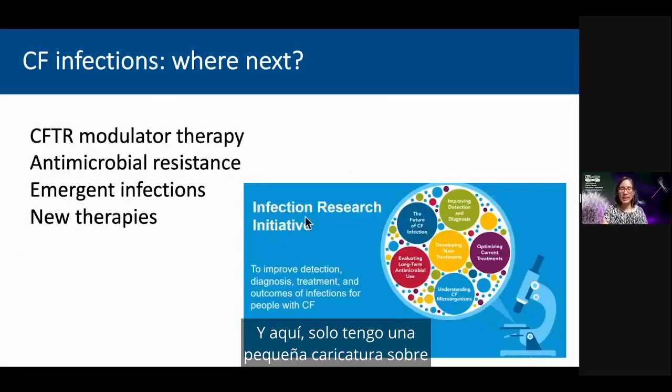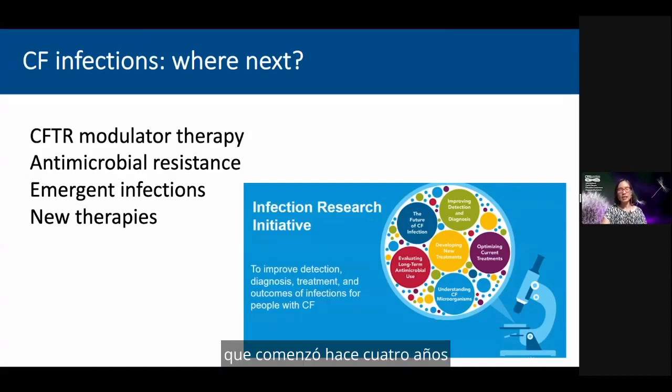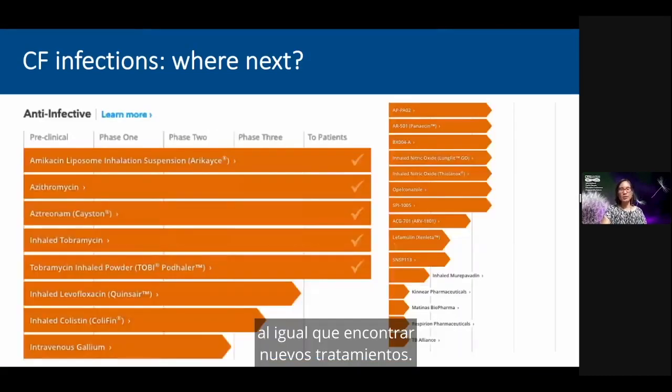And here I just have a little cartoon about one of the recent initiatives by the CF Foundation to really put a light on infections, namely the Infection Research Initiative, which started about 4 years ago, trying to improve the knowledge, as well as come up with new treatments.